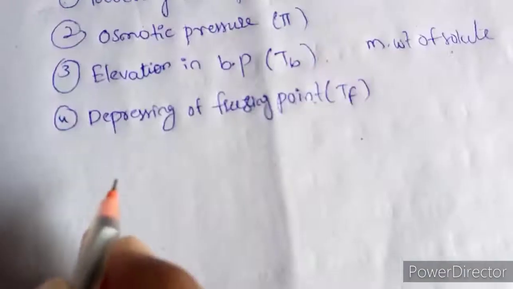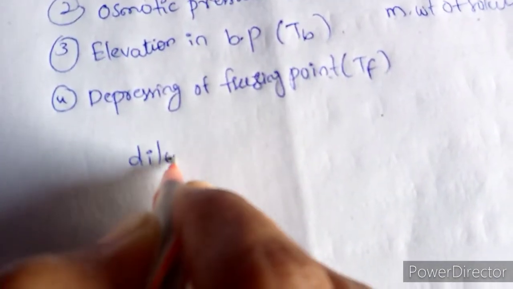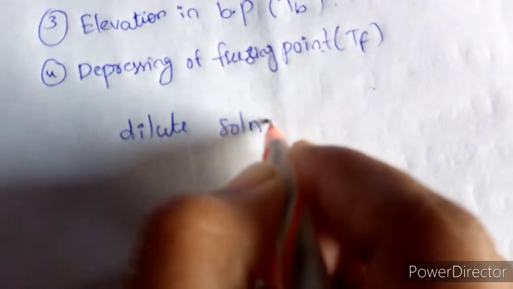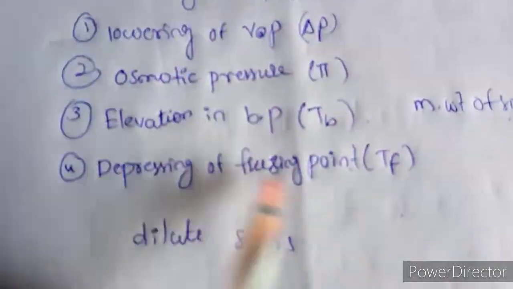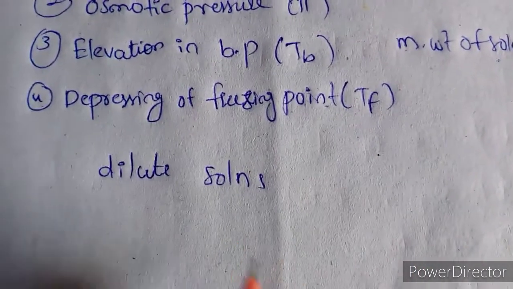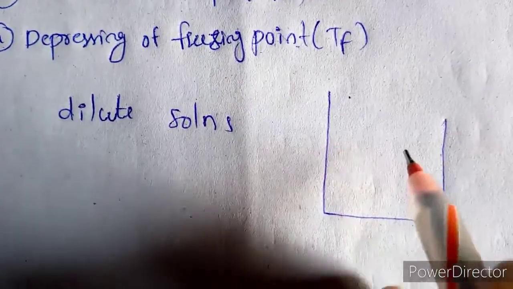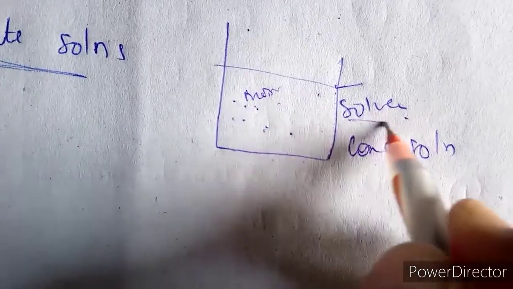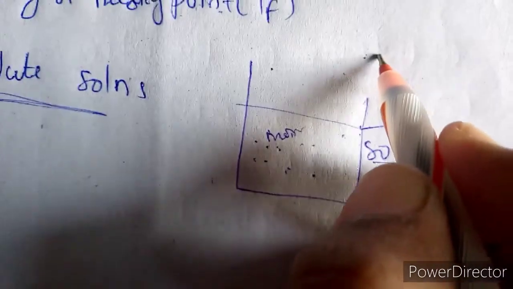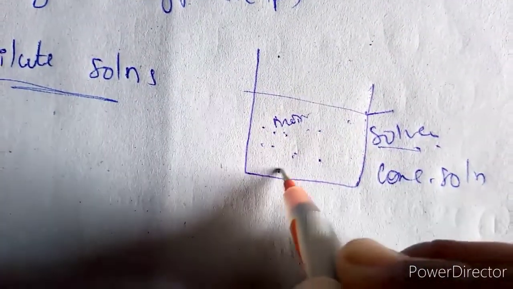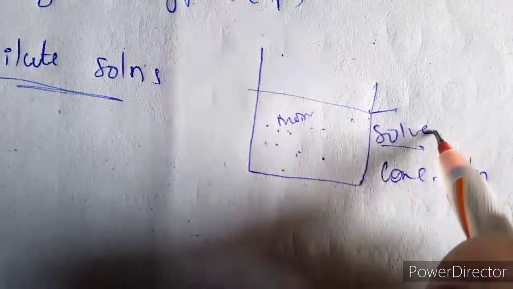And these colligative properties are applicable only to dilute solutions. What are dilute solutions and concentrated solutions? Suppose we take a known volume of solvent.